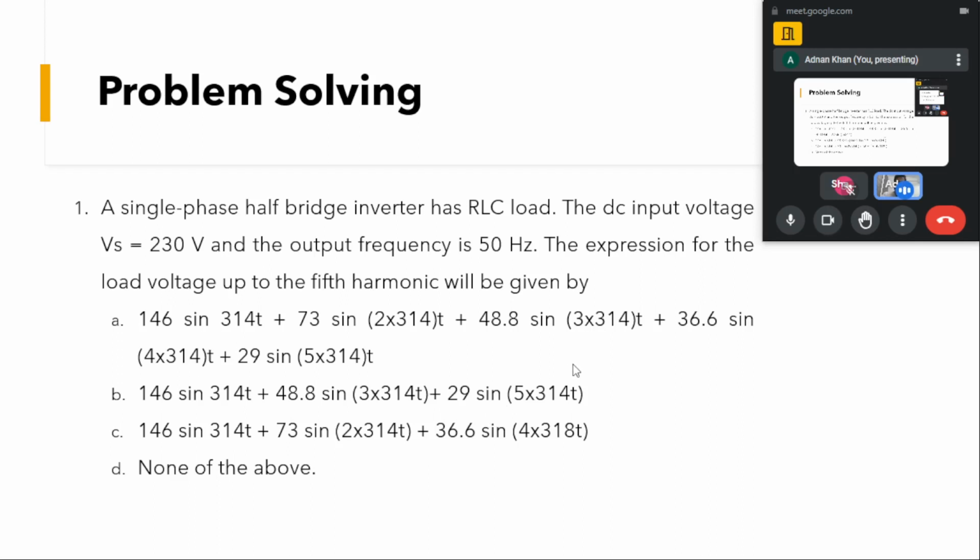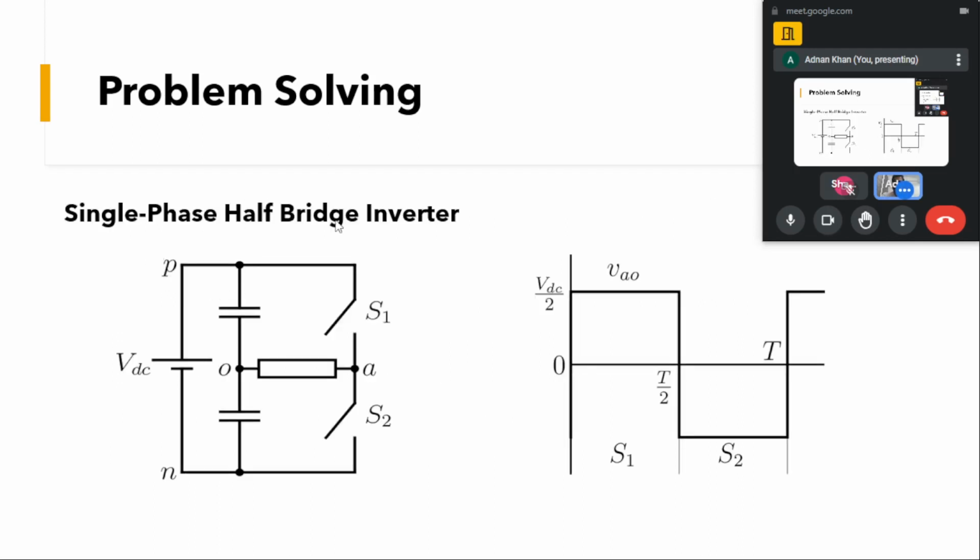We know that with a half bridge inverter, the output voltage we get, if we turn on S1, is VDC by 2, and if we turn on S2, we get minus VDC by 2.